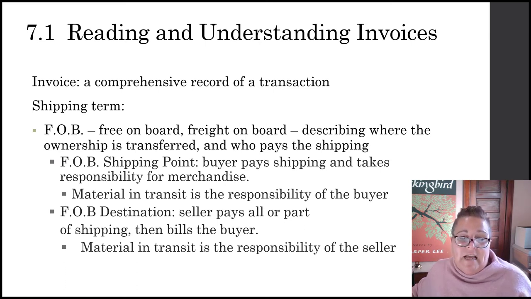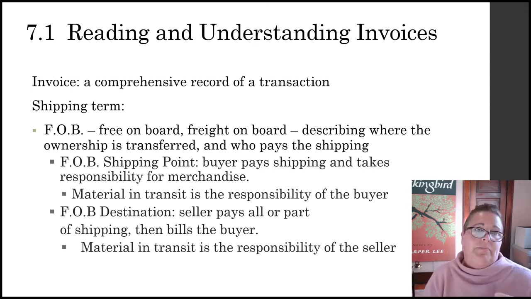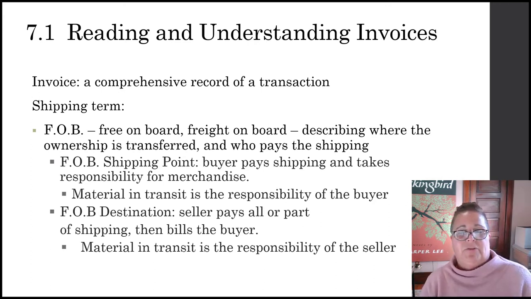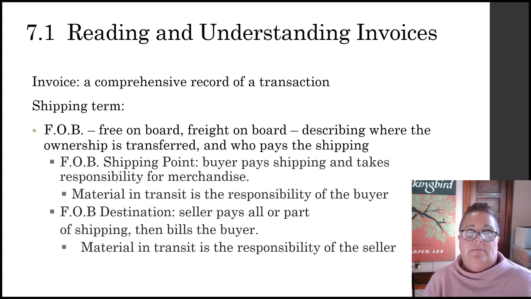Now, oftentimes this is initially set up by the seller. So the seller might use a regular shipping entity, but you, as the purchaser, end up paying that shipping. You reimburse the seller.